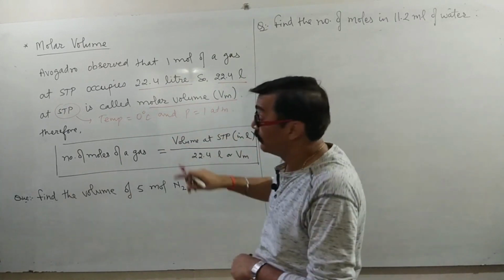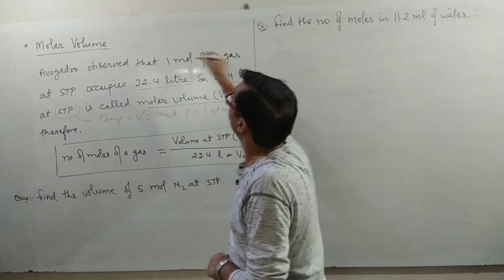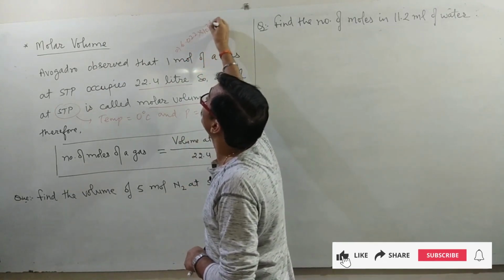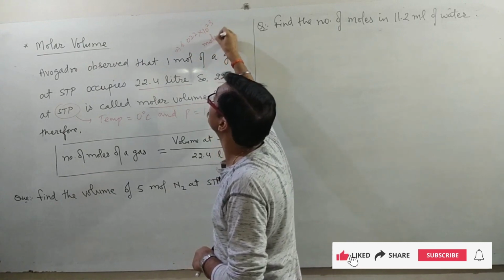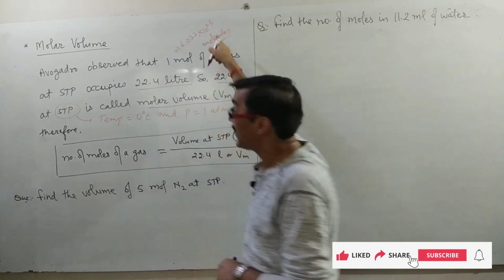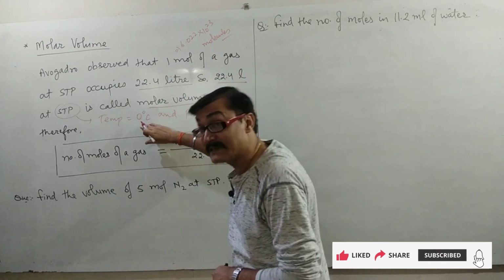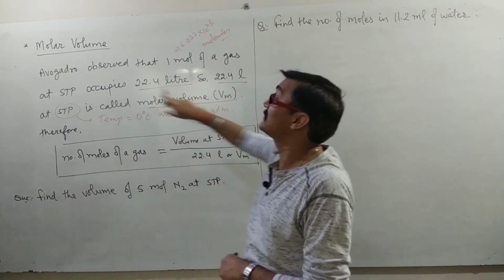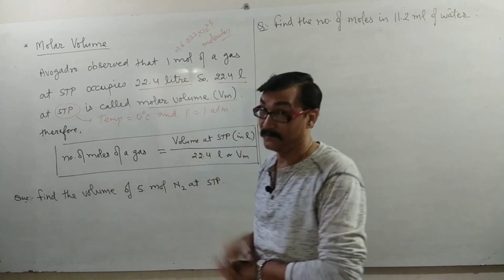The volume of 1 mole, that is 6.022 into 10 to the power 23 molecules of a gas at 0 degree centigrade and 1 atmospheric pressure, occupies 22.4 liter.